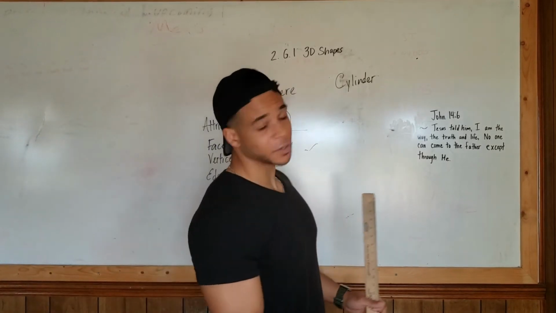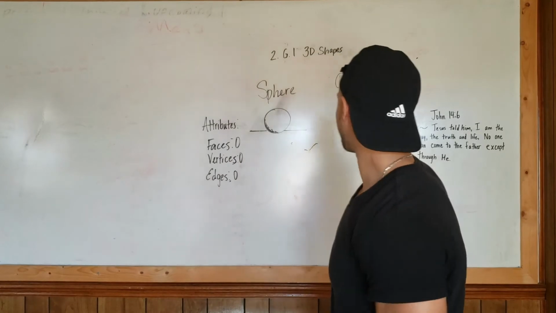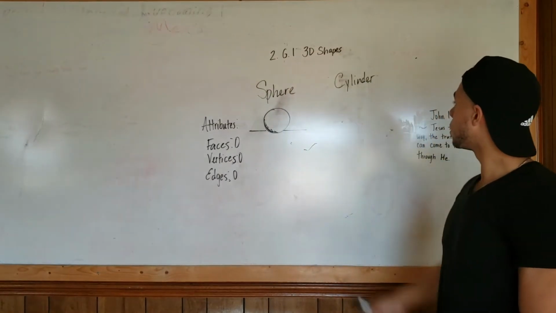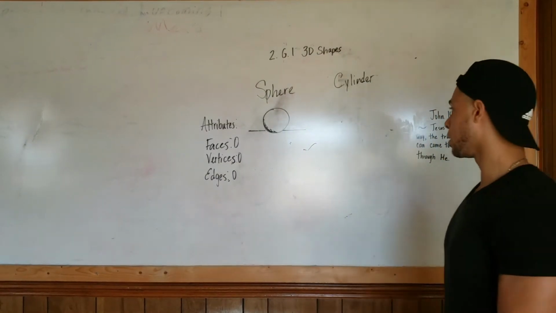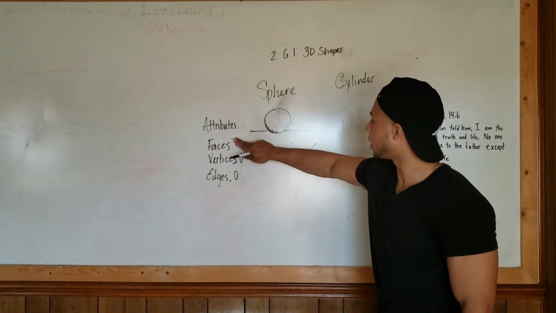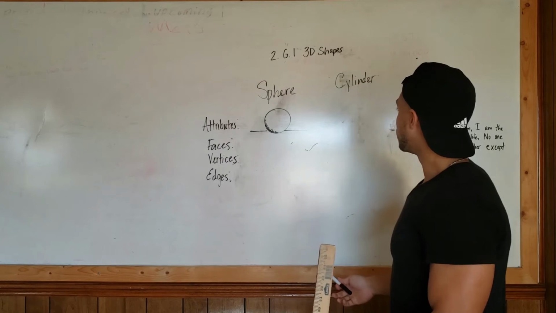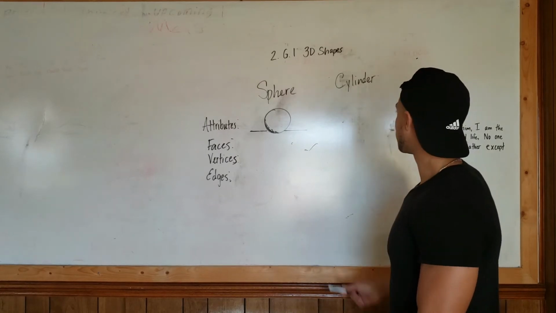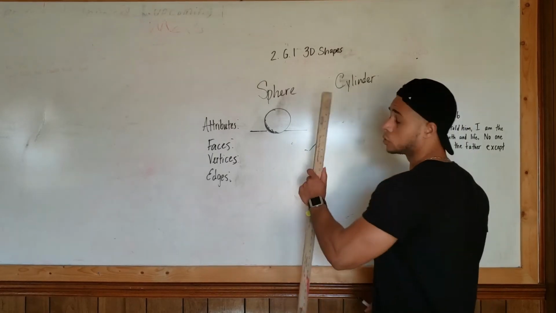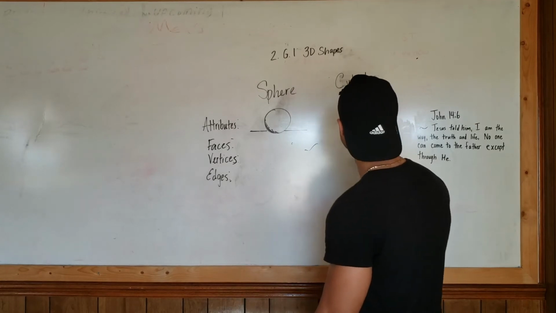All right, let's go on to your cylinder. I got you a good cylinder over here that we'll look at. So after we're done drawing it, we'll look at it and go over your attributes. They're going to be different from that. So let's go ahead and erase these. All right, your cylinder. Another easy shape to draw. Step 1 on your cylinder, draw you 2 parallel lines.